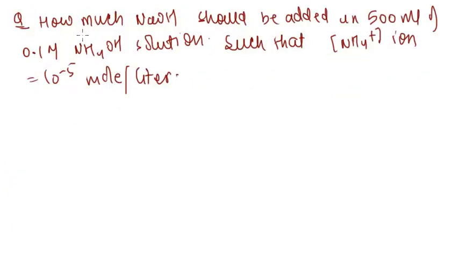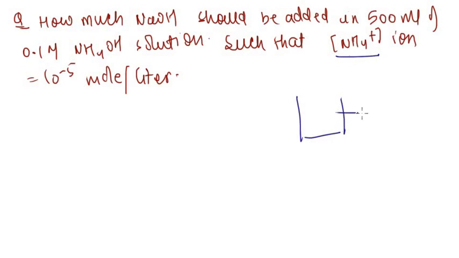So let's consider a problem. How much NaOH should be added to 500 ml of 0.1 molar NH4OH solution so that the concentration of ammonium ion is 10 raised to power minus 5 molar?